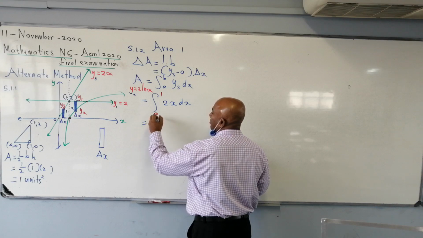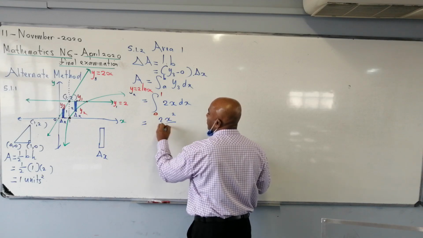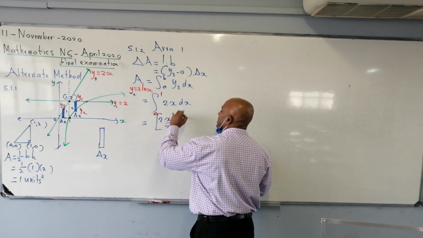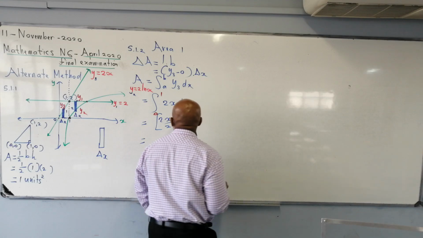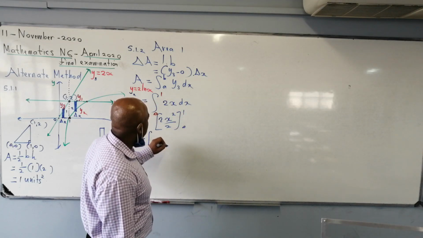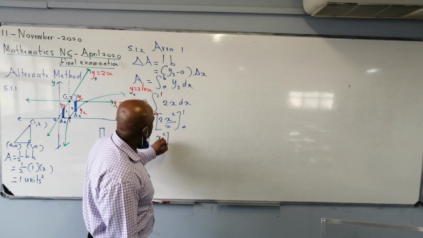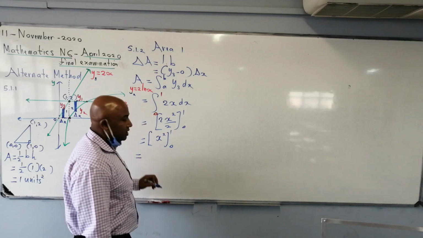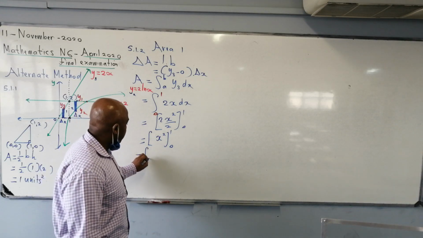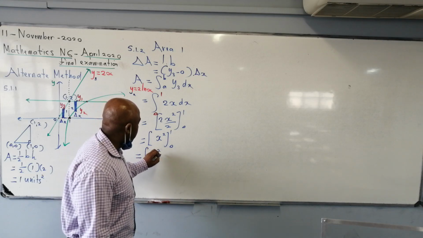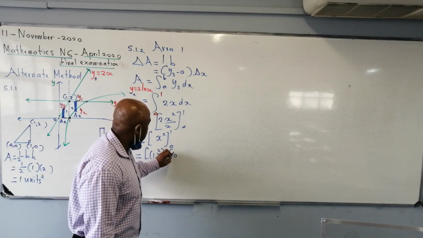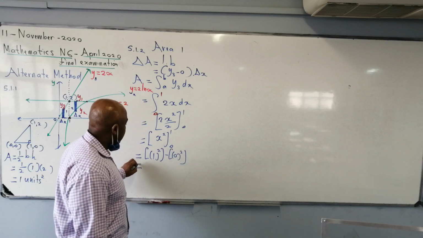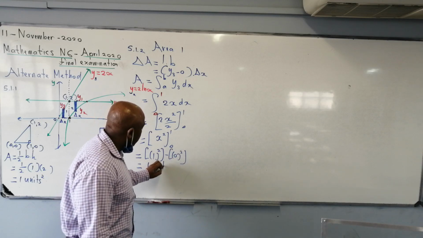Therefore this is going to be 2x squared over 2, and then we're substituting 1 and 0. 2 and 2 cancel, so you just end up with x squared, from 1 to 0. So I will substitute 1 there, so that's 1 squared minus 0 squared, and 1 squared is 1.